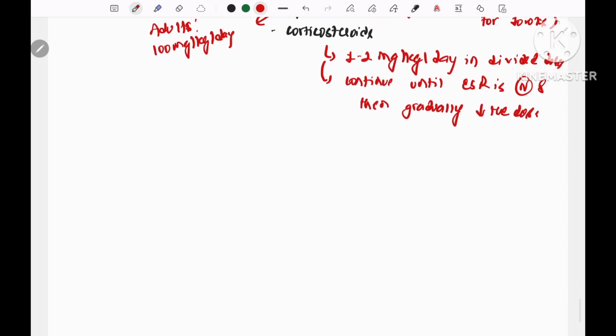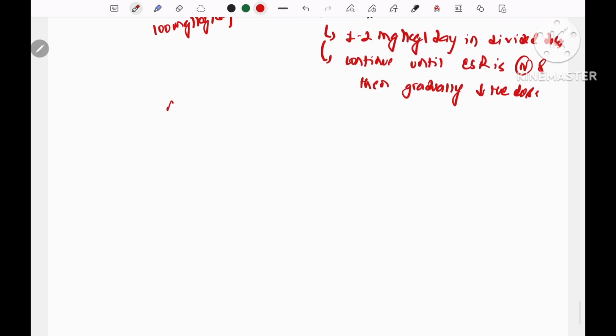Now if we have to choose between aspirin and corticosteroid: if there is no carditis, we choose aspirin. But if there is carditis without congestive cardiac failure, then we can choose either aspirin or corticosteroid, but corticosteroid is preferred.